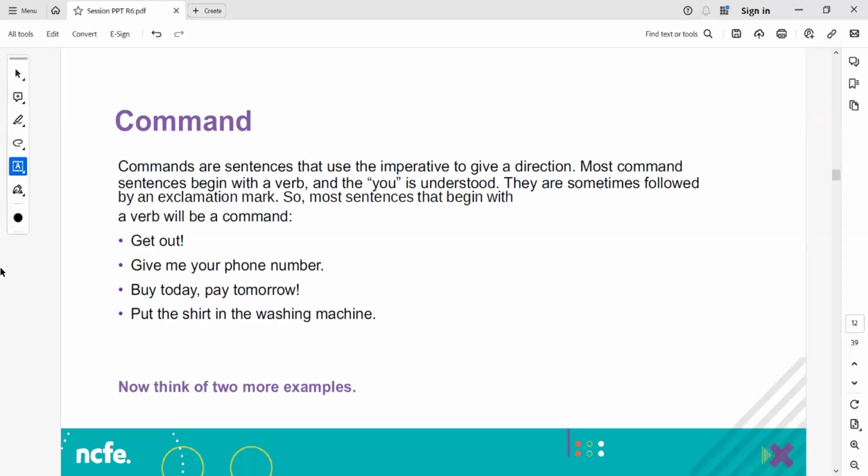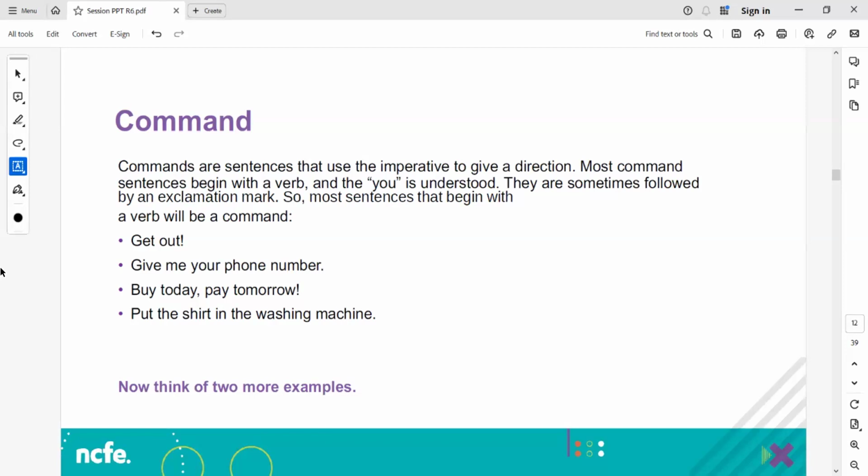They're sometimes followed by an exclamation mark. Most sentences that begin with a verb will be a command. We've got some examples here. Get out. Give me your phone number. Buy today, pay tomorrow. Put the shirt in the washing machine.